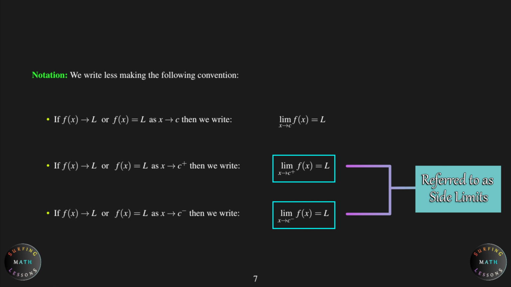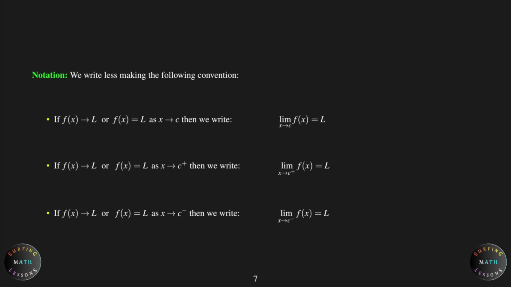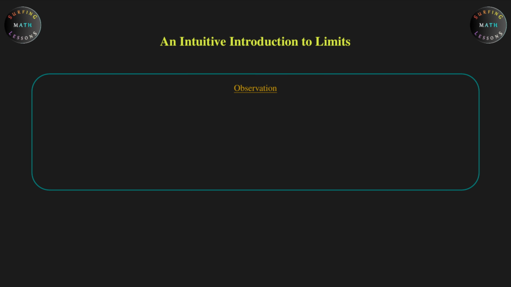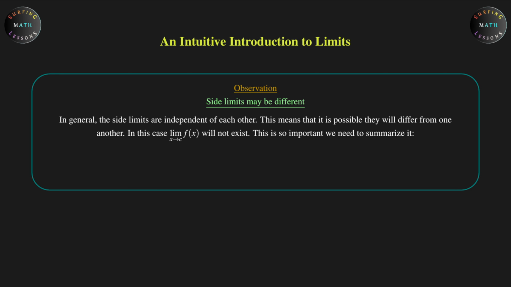Now we would like to see this new notation in action. Before we do this, we need to point out a small observation which will allow us to solve many problems in the future with ease. Observation: the side limits might be different. We saw this when working examples 2 and 3.